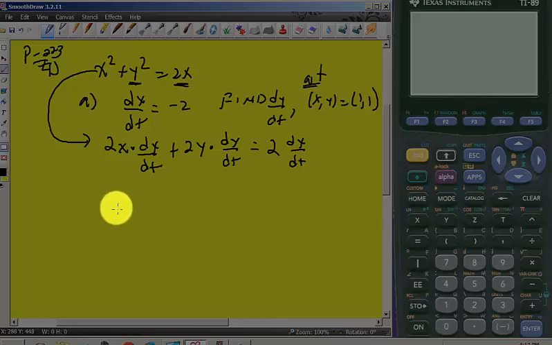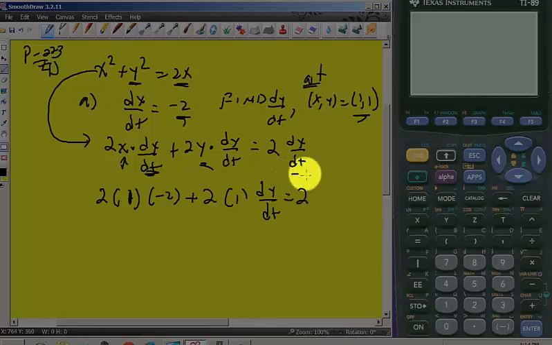All right, we're going to plug in all the information that we have. That means 2, in place of x we're going to plug in 1, and in place of dx/dt, it's given negative 2, plus 2, in place of y we're going to plug in 1, that's given to us over here, and then dy/dt is what we're trying to find, and that's equal to 2 times dx/dt, which is negative 2.